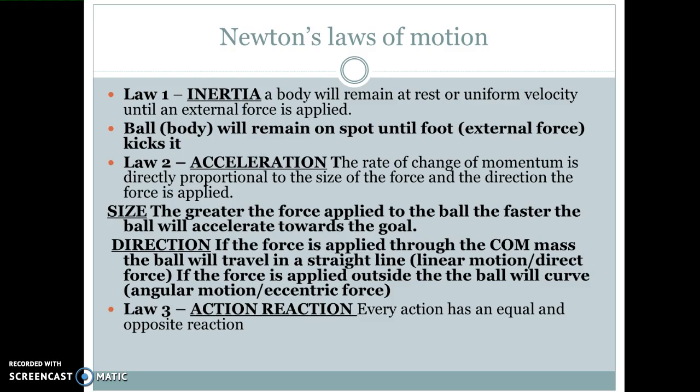So the first law says any object or body will remain at rest or uniform velocity until an external force is applied. My example is a ball on a penalty kick in football or a conversion in rugby, which will remain on the spot until the foot, the external force, is applied to it and kicks it.